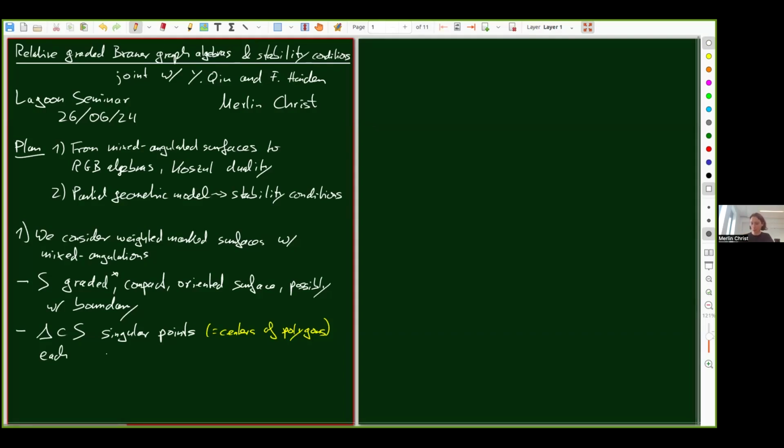So we have these singular points, and they are not only decorations of the surface. They can lie on the boundary and the interior, but they're also further decorated with a degree.